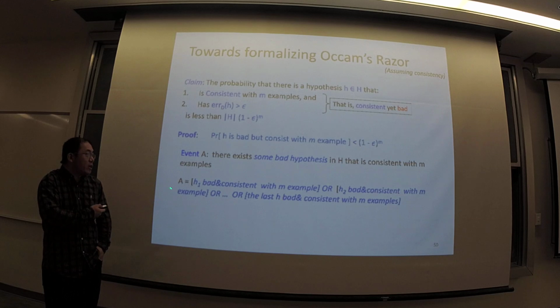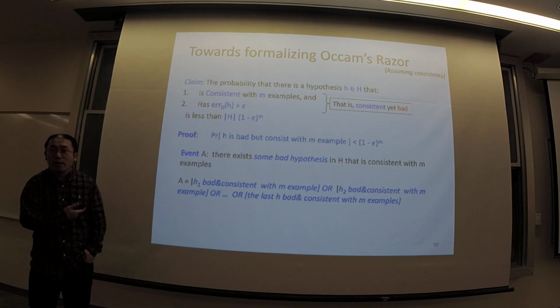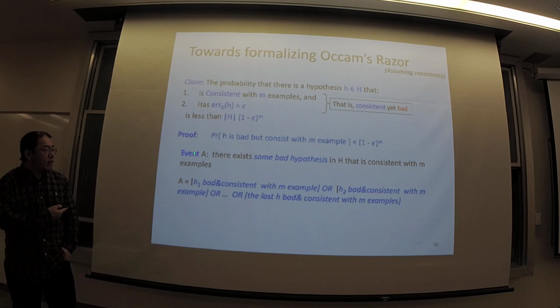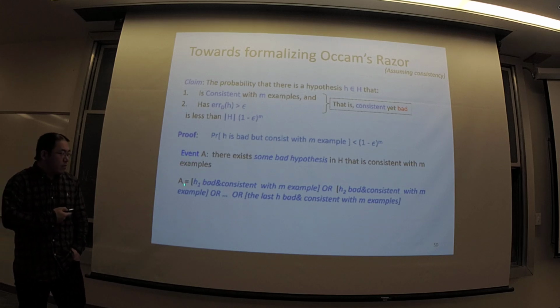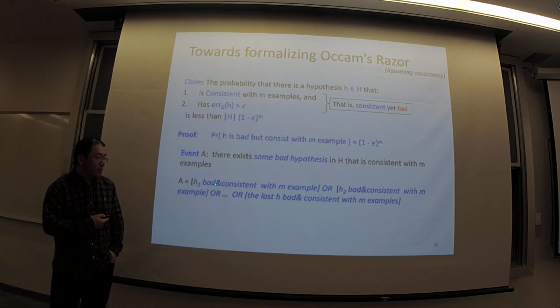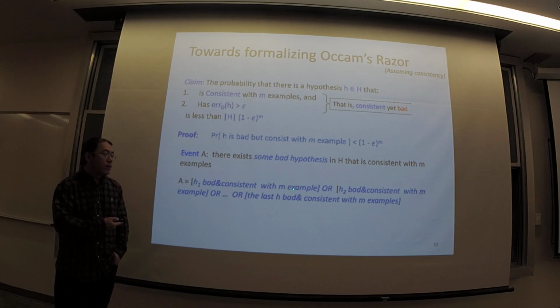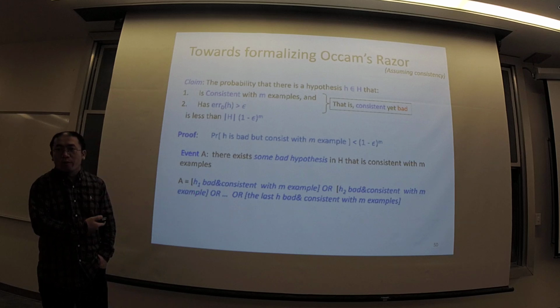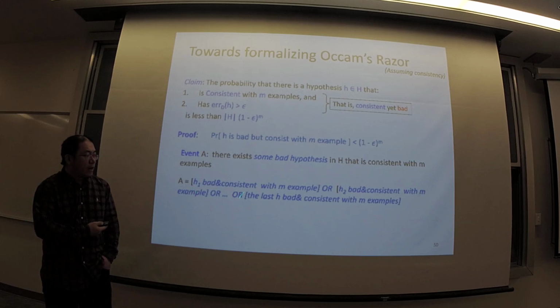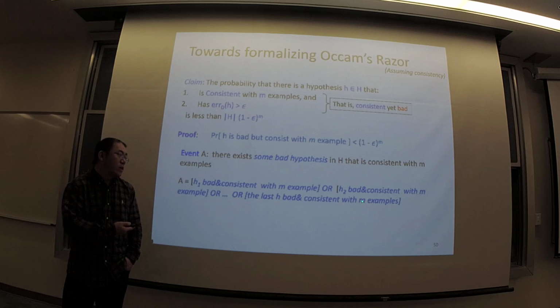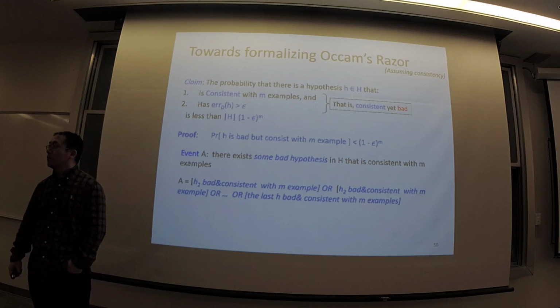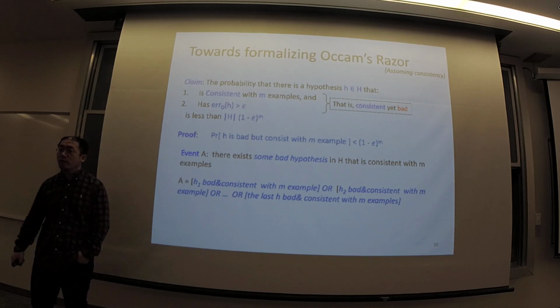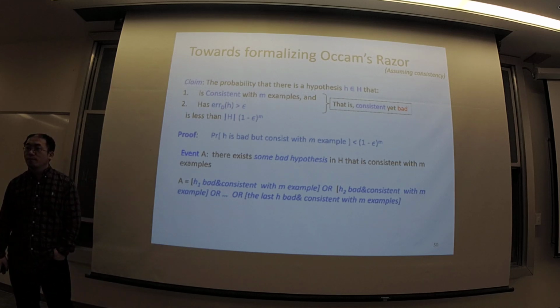We just enumerate all possible hypotheses in the space. Event A happens means that the first hypothesis is bad but consistent with m examples, or the second hypothesis is bad but consistent with m examples, or so on, until the last hypothesis is bad but consistent with all the m examples. This is the definition of this event. Does it make sense?